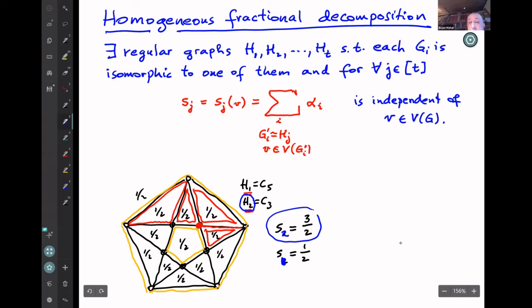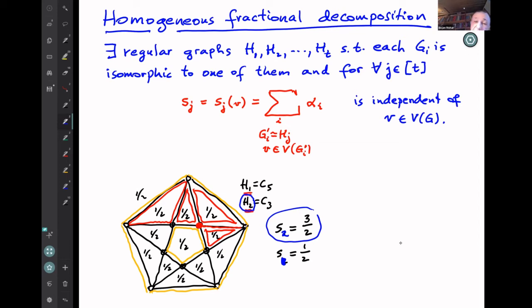So the sum of the weights of the graph H2 such that the copies contain my vertex V sums up to 3 halves. So this sum is the same for every vertex.